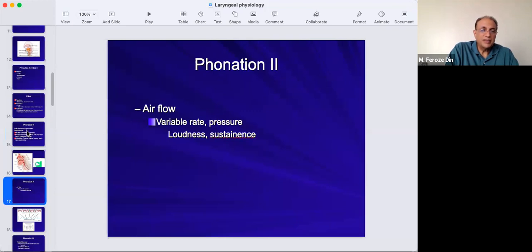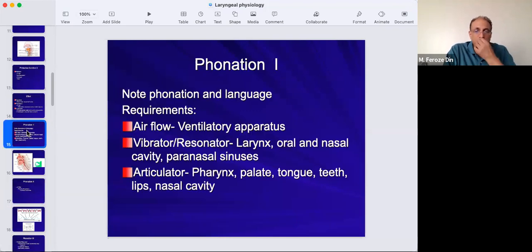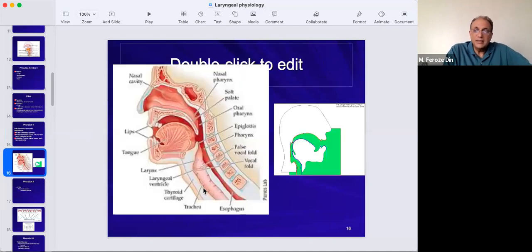I will demonstrate to you a bit later on how the articulators change. So this just tells us that, yes, here we are, our vibration is here, resonance is here, and then our articulators are where the sound is going to pass through: the palate, the tongue, the teeth, the lips, and the nose.